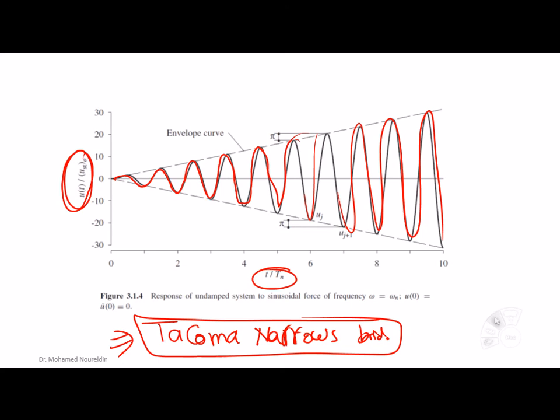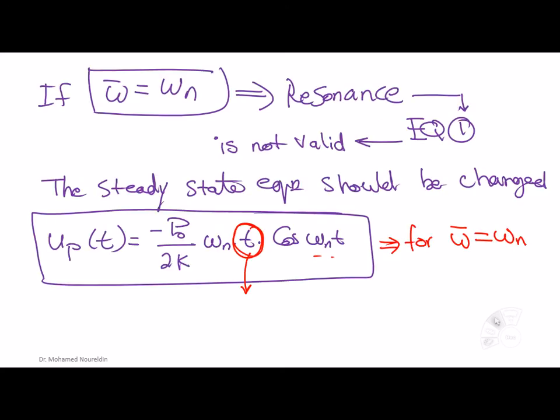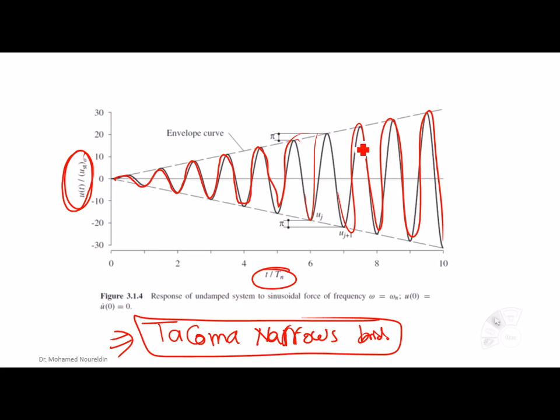Okay, this is the mathematical understanding of resonance, but we have another thing, a real physical implication of resonance, which is that it is going to make our system fail. Based on this, especially for structural systems, our structural systems need to be ductile systems.